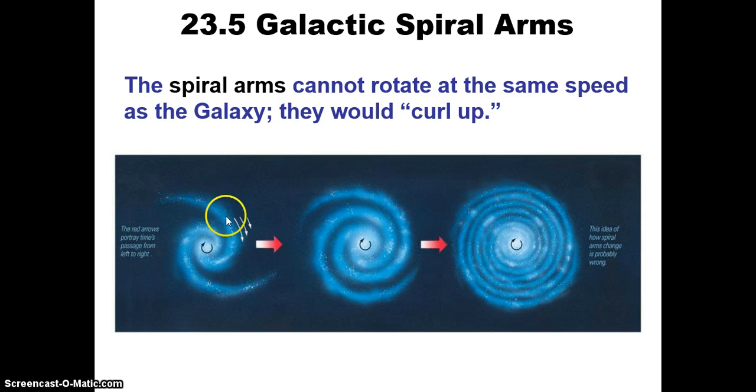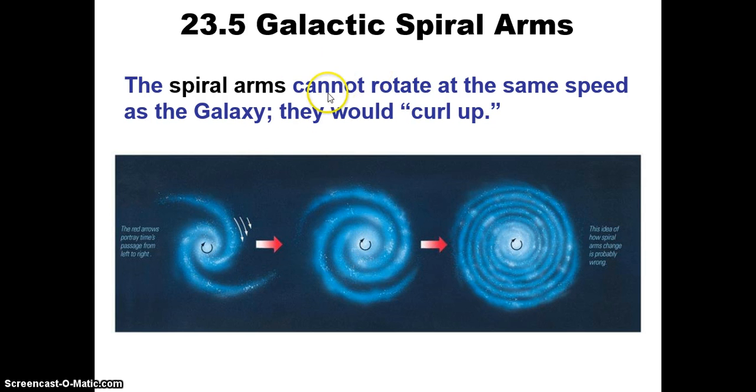They're rotating at different rates, and because of that physical phenomenon we can measure the speed at which things are rotating and record those different values at different distances from the center of the galaxy.